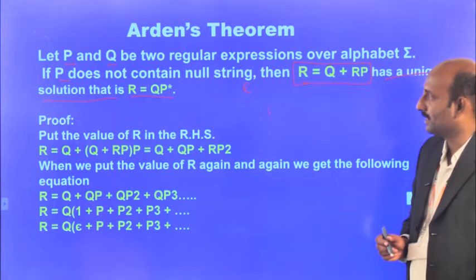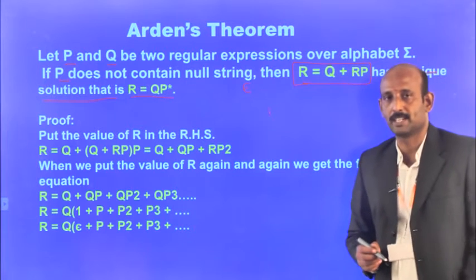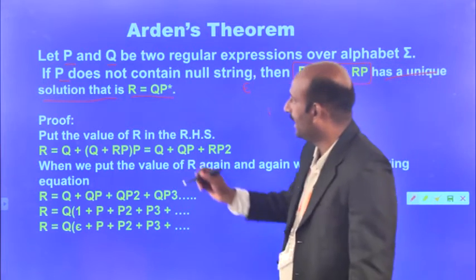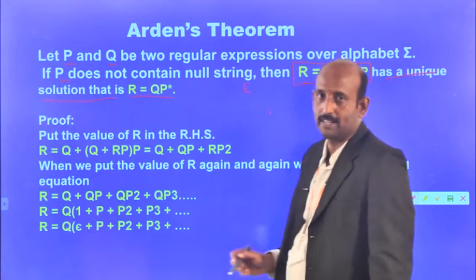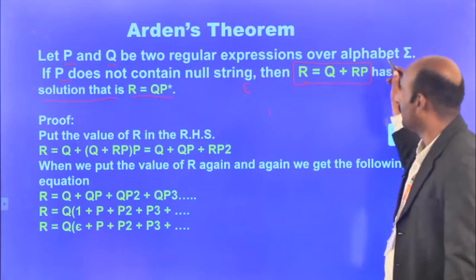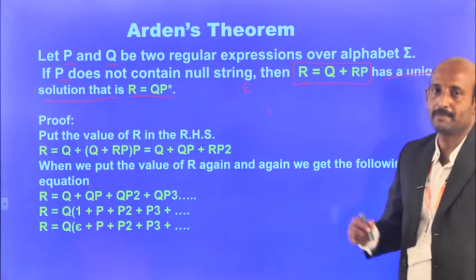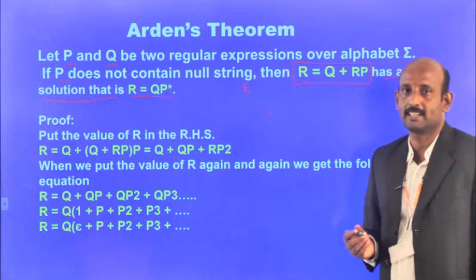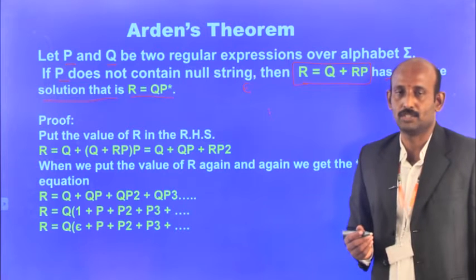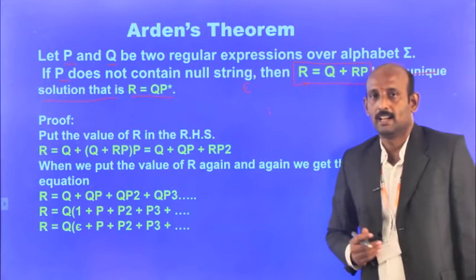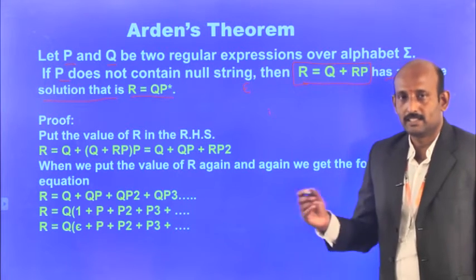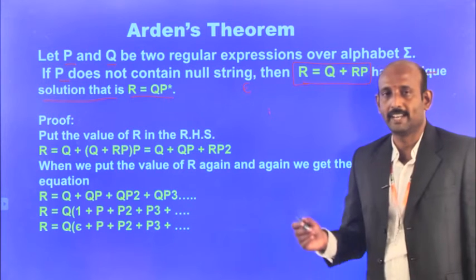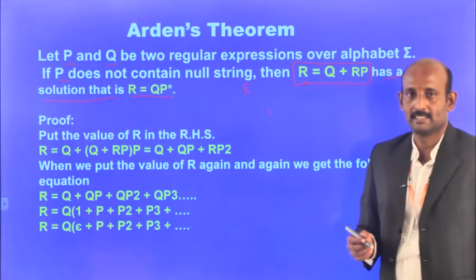I repeat: there are two regular expressions, P and Q, over the alphabet. The alphabet may be in any form, like binary alphabets, zeros and ones, A to Z, numerics, or uppercase letters.